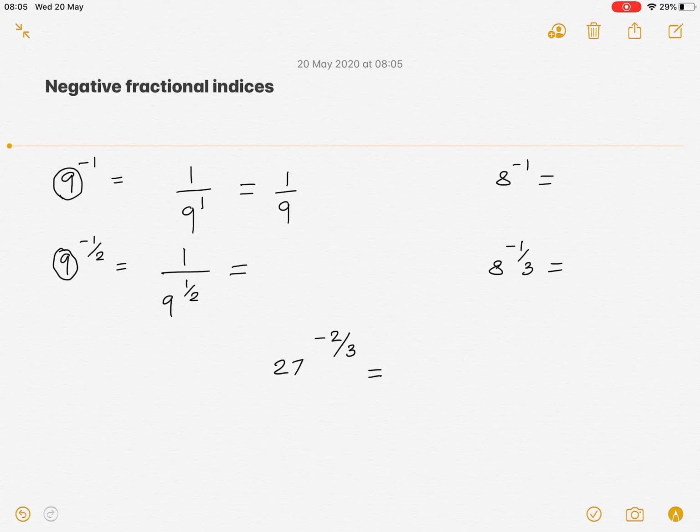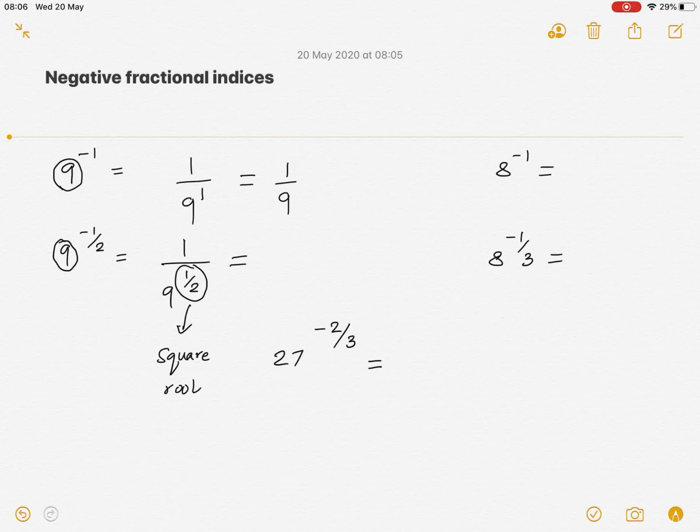Now, if you watched my previous video, you should know that any number to the power of half is the square root of that number. So power of half means square root. So 9 to the power of half, or square root of 9, is 3. So the answer is 1 over 3.